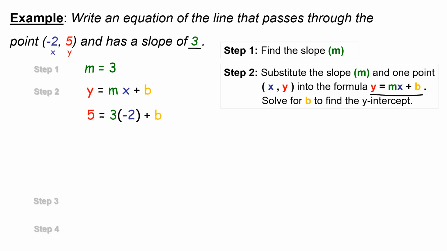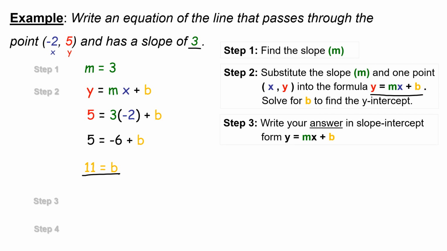All right, now we just have to solve. So solve the equation for b. 3 times -2 is -6. I need to get b by itself, so we add 6 to both sides, and we get that b equals 11. All right, so that is not the final answer, but it is important, so maybe it's worth underlining.